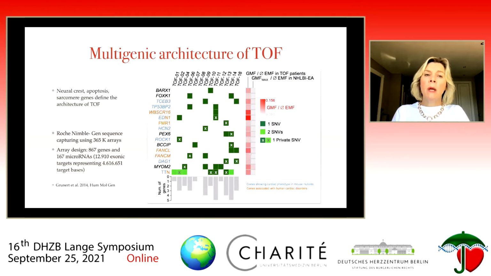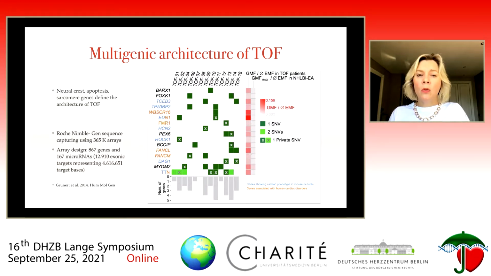And what we did back at that time was not genome sequencing as we all do it now. We developed an in-house made array where we used just less than 900 cardiovascular selected genes and microRNAs to look at. And we had, as you see in the numbers at the top, a very small but extremely well-defined set of patients.